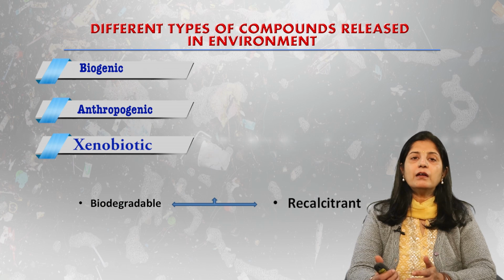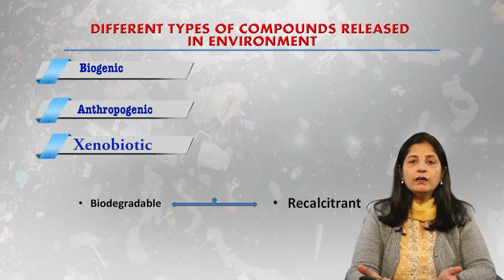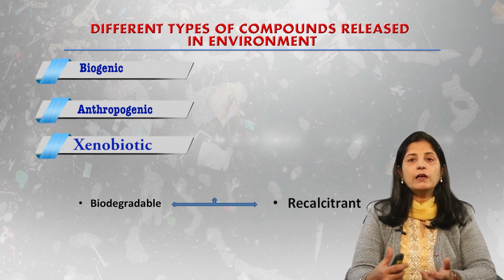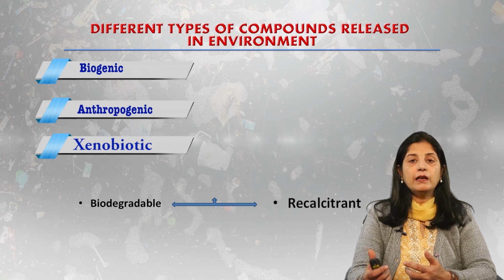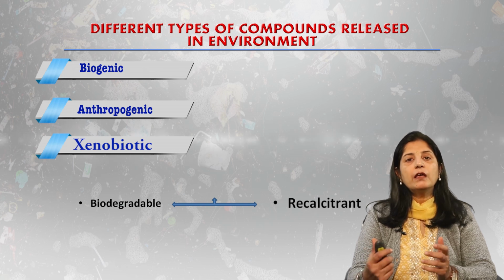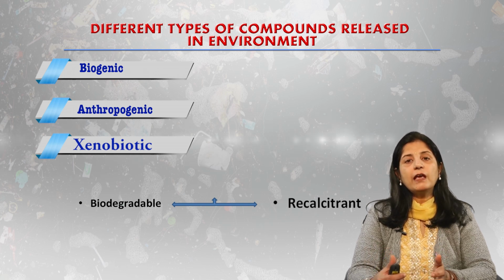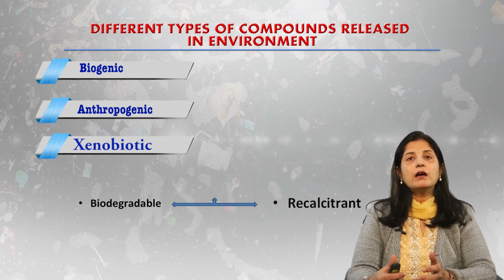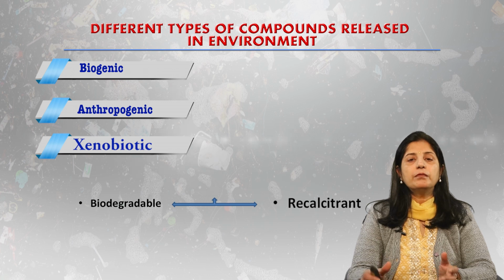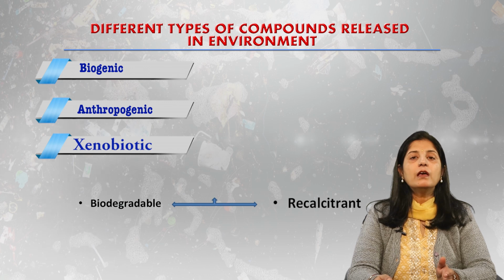But there are xenobiotics which have different structural features, which cannot be degraded in nature. Such xenobiotics will stay in the environment even after long time periods when they have been released into the environment. So, these are known as recalcitrants.